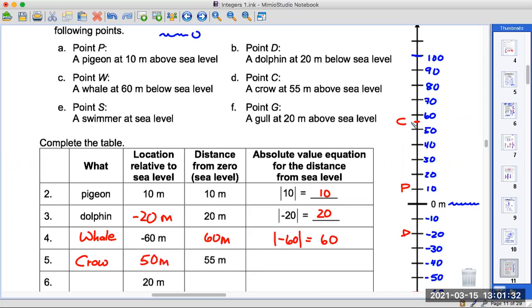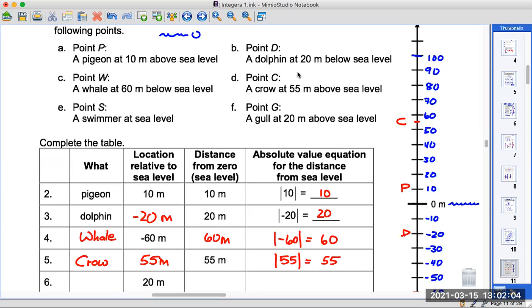It's up here flying in the air. So here's the part that's new to you. The absolute value of 55 is how much? 55. It's always positive.